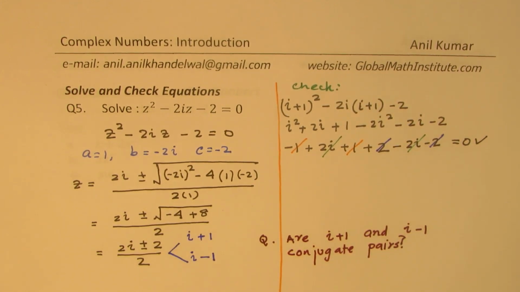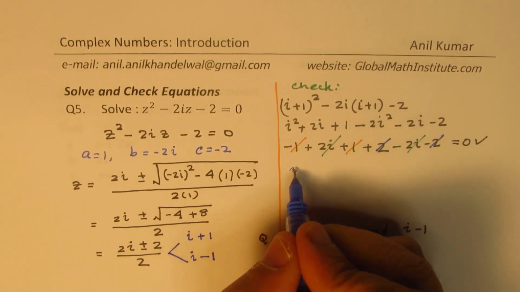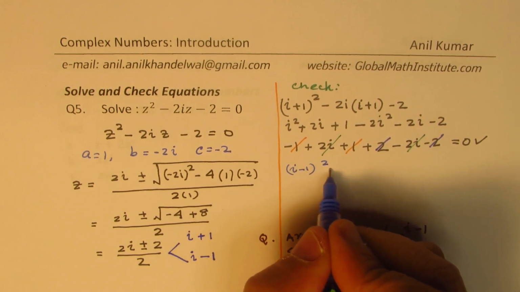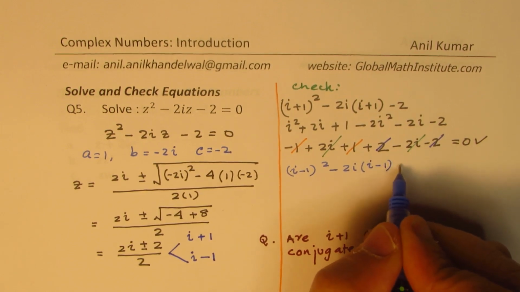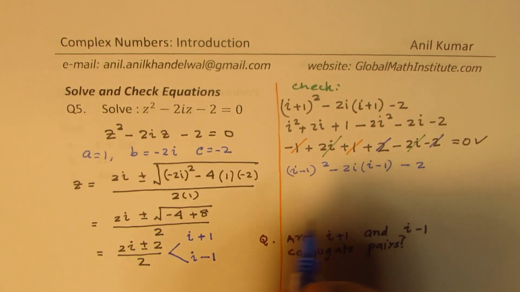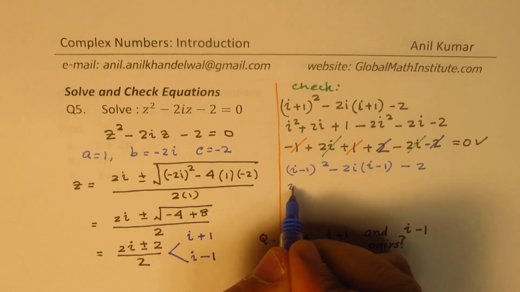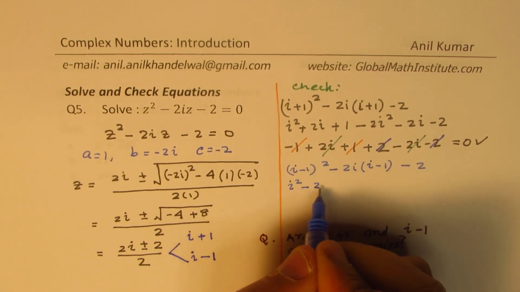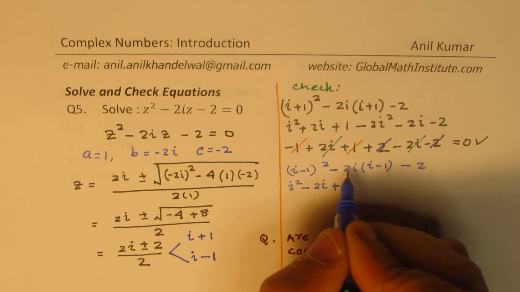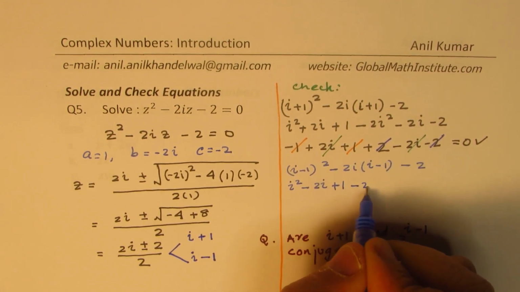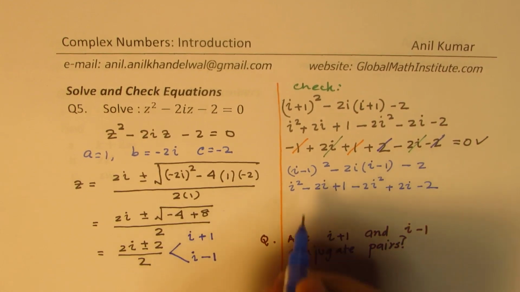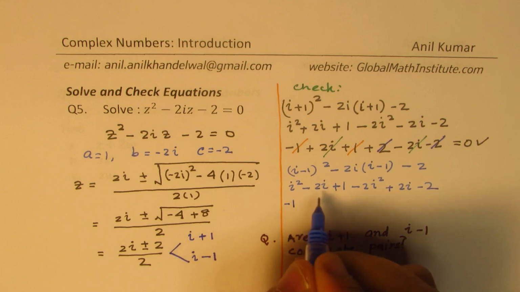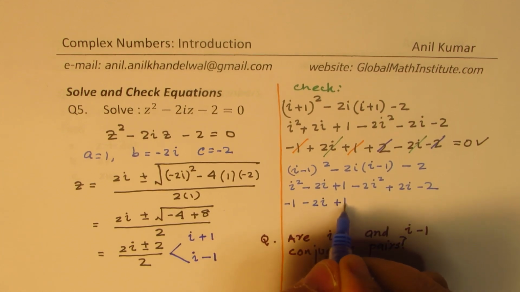Perfect. So it works. Let us also check with i minus 1. So if I have i minus 1 whole square minus 2i times i minus 1 minus 2, what do we get? So i square, we get i square minus 2i plus 1, and here when you expand you get minus 2i square plus 2i minus 2. i square is negative 1 minus 2i plus 1.